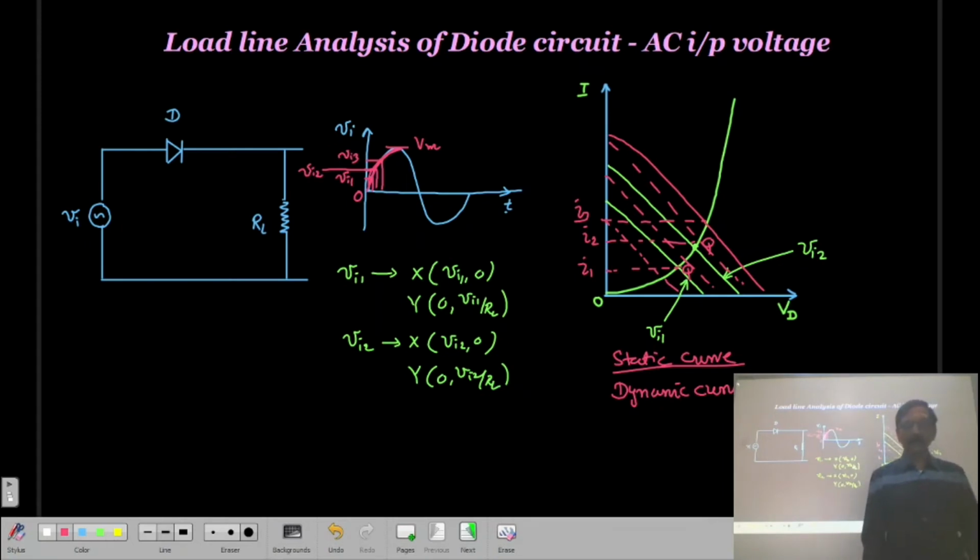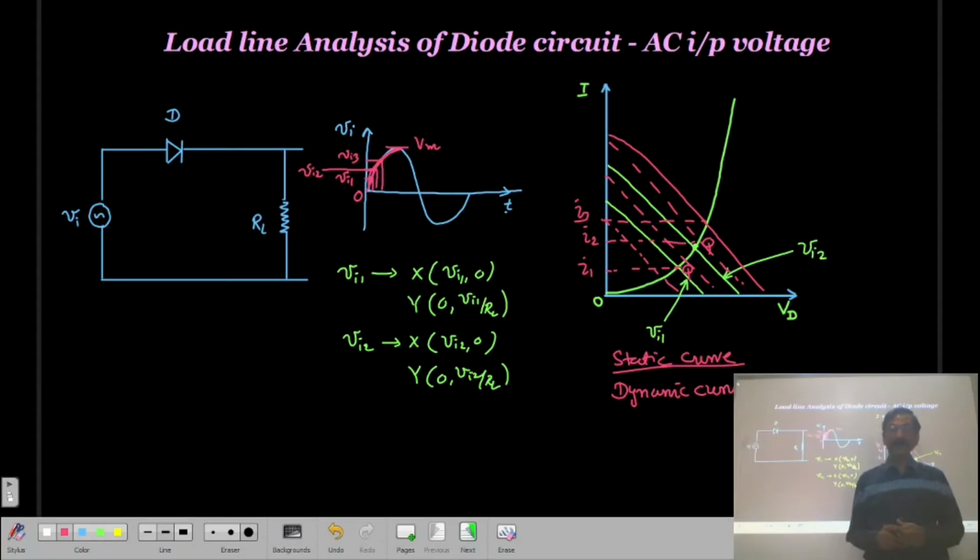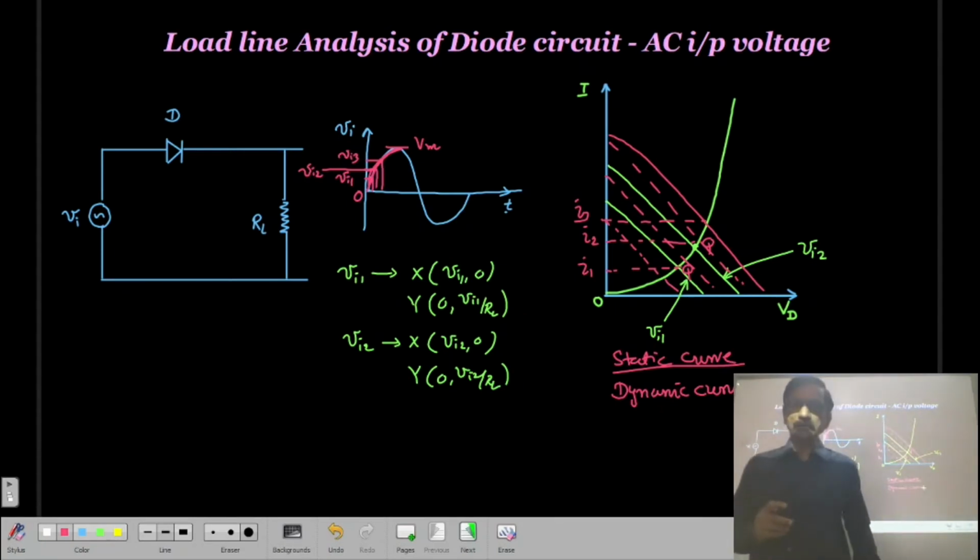A dynamic curve is a curve for the current I against the input voltage. I will explain the difference between the static curve and the dynamic curve. The solution to this problem is to use a dynamic curve, then directly you will get the amount of current flowing in the circuit for different input voltages. Correct?